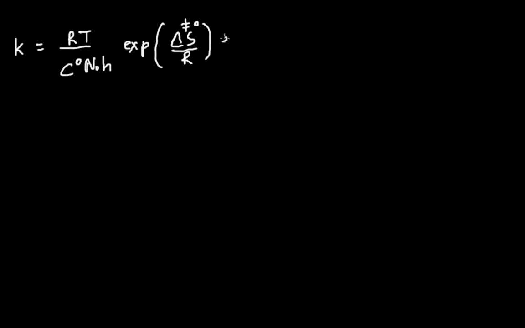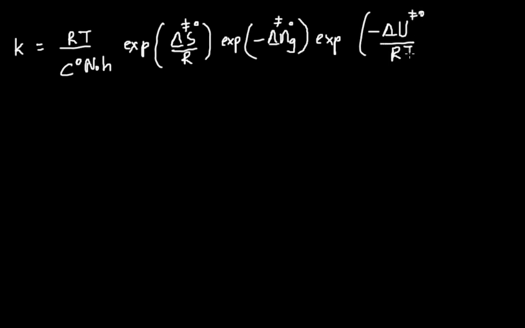Okay, here K is equal to RT by C naught N naught h, exponential delta S naught by R, exponential minus delta Ng naught, because we are doing this in standard conditions, so minus delta U. So this is your A. So I want to call this as A.